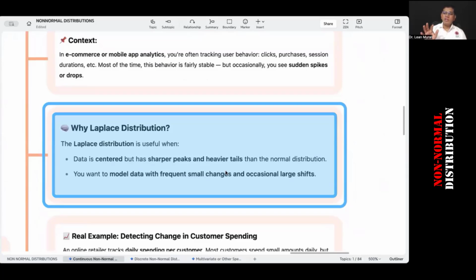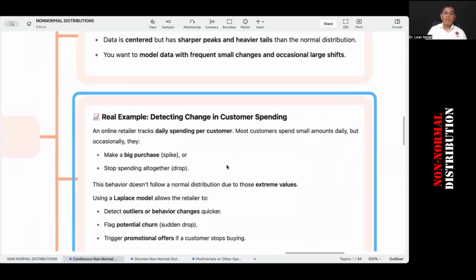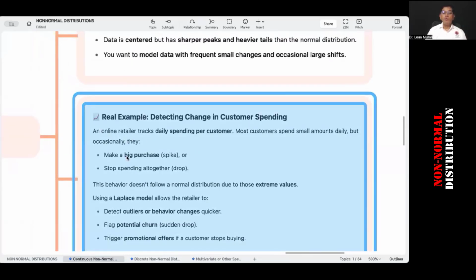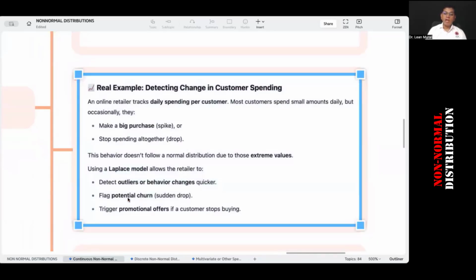I don't want you to understand all this, but I'll give you this PDF and you can go through it. The point I'm trying to make is that if you want to model and detect outlier behaviors, flag potential churn, or find out why the purchase rate is suddenly dropping in retail stores, or whether a promotional offer is working or not, you should be able to find out using these distributions.